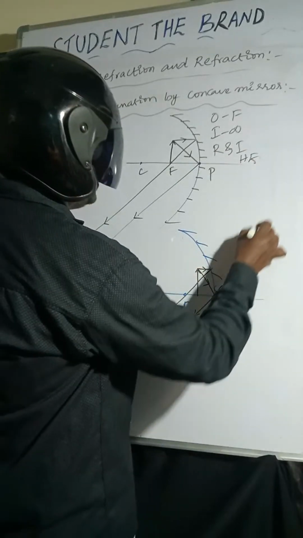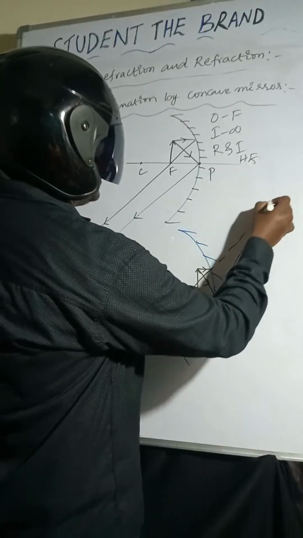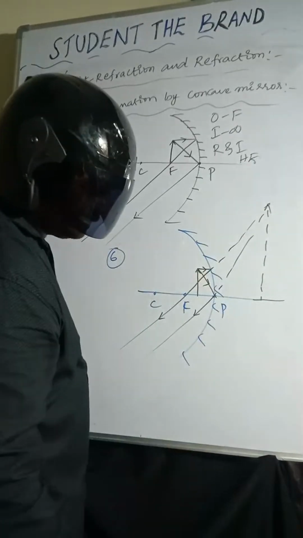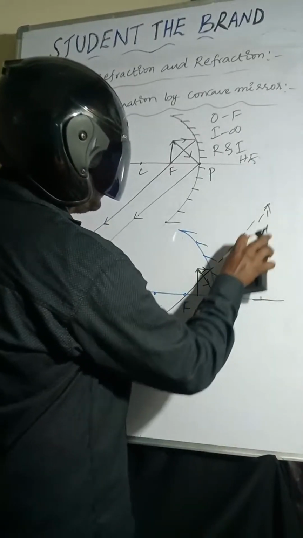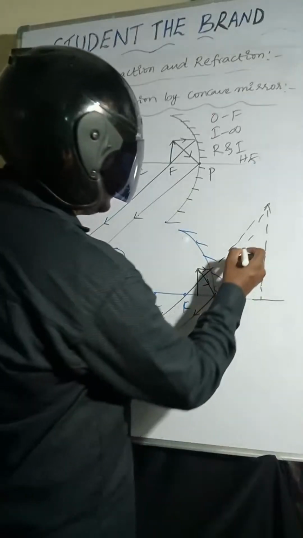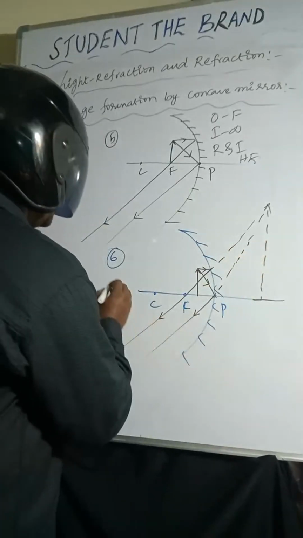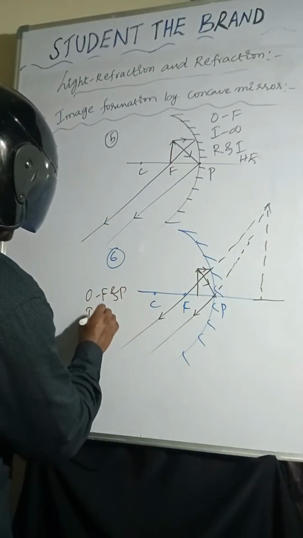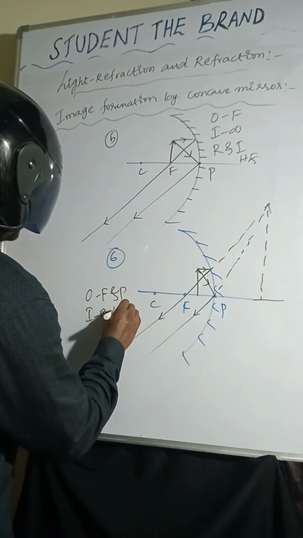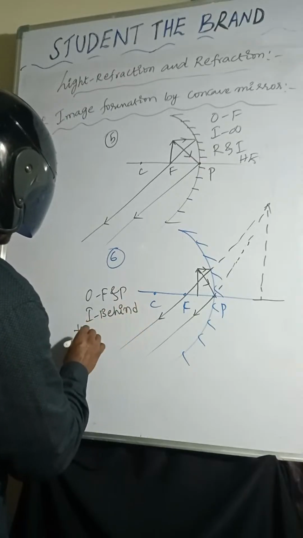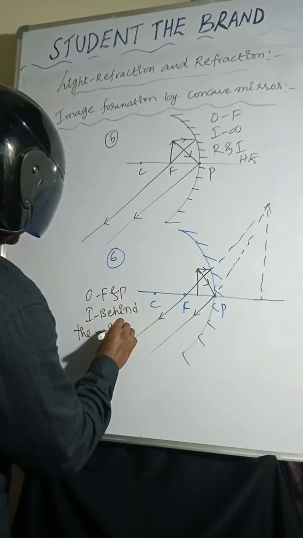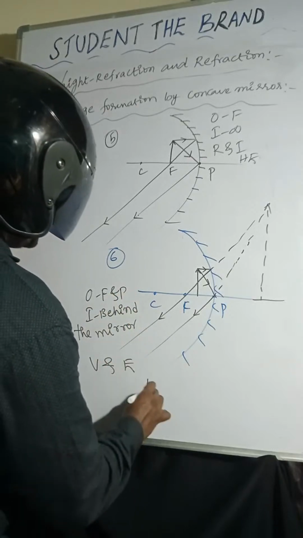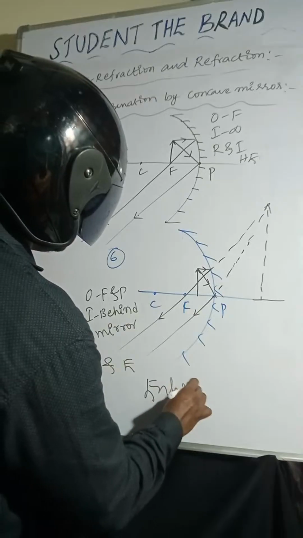If you extend these light rays, they will meet behind the mirror. So image will form behind the mirror. Nature of the image is virtual, erect and enlarged.